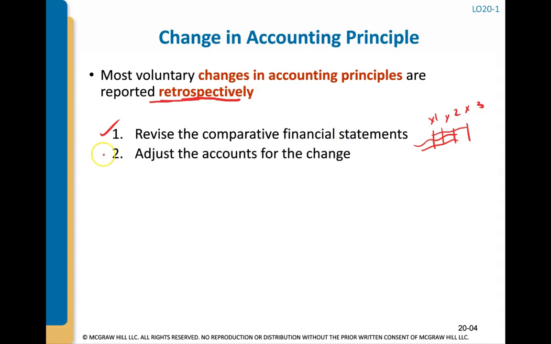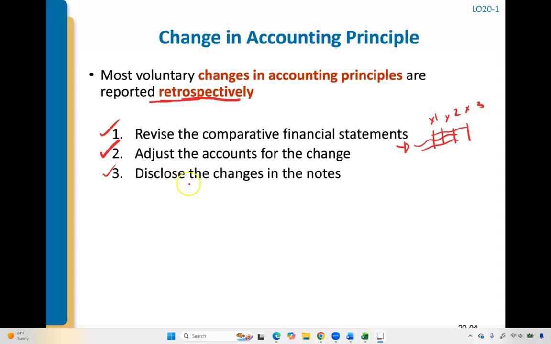Number two, there's a difference between actually reflecting in the financial statements, on the 10-K, versus actually adjusting those accounts in our general ledger. And the third one is you have to disclose the changes in the notes to the financial statements, and there are specific things that must be disclosed in those notes, and we'll go through that later.